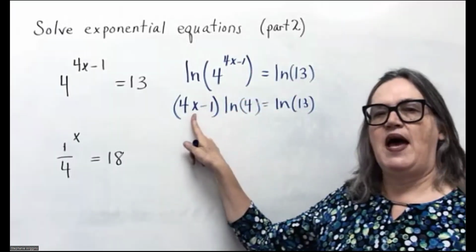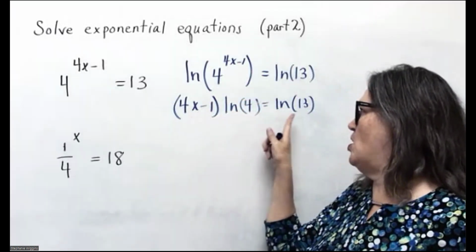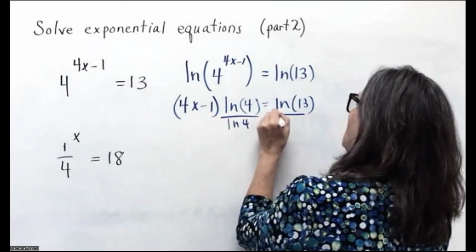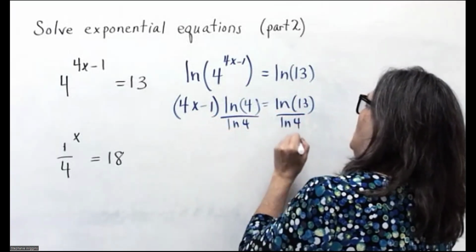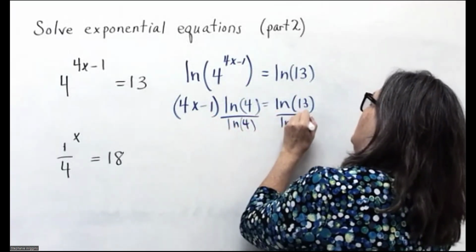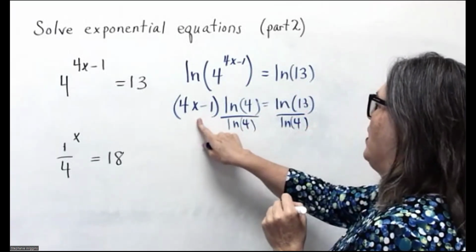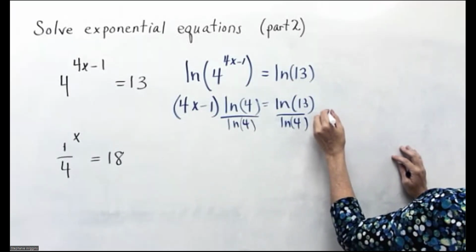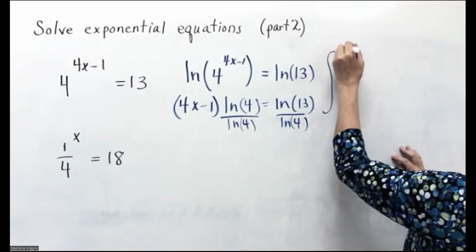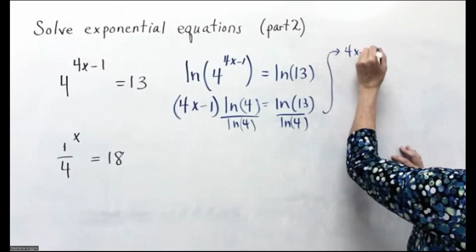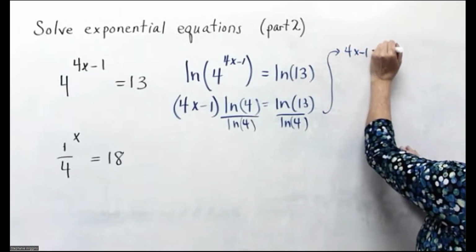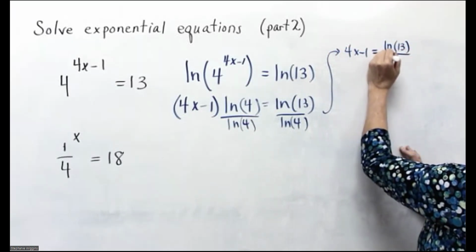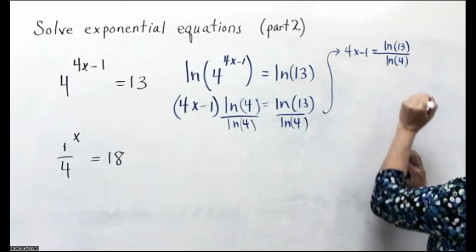Now I want to solve for x. I'm going to divide both sides by the natural log of 4. That gives me 4x minus 1 is equal to the natural log of 13 divided by the natural log of 4.